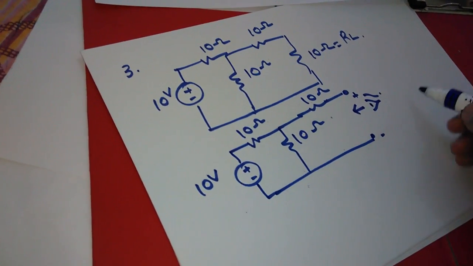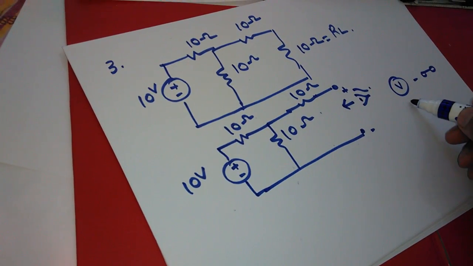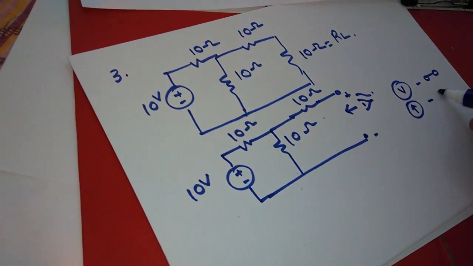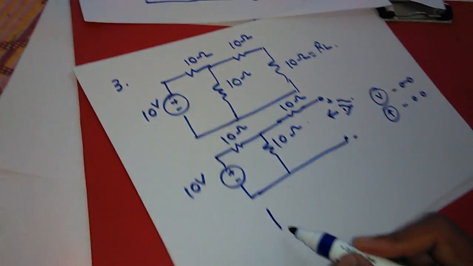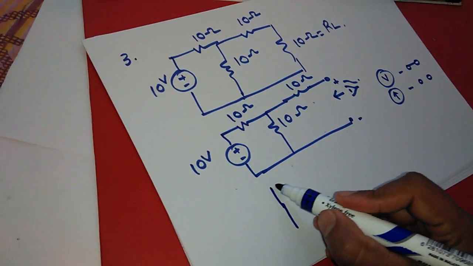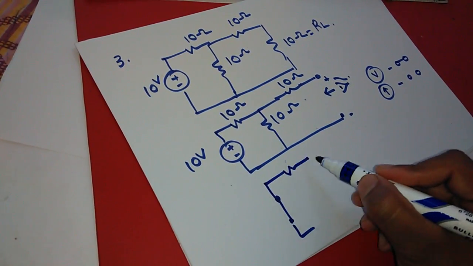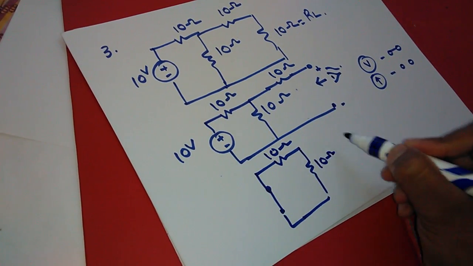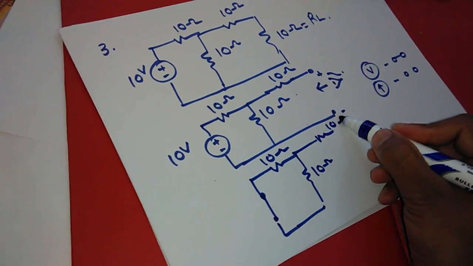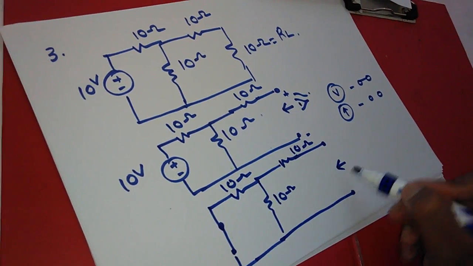If a voltage source is there, it will be short circuit, and if a current source is there, it will be open circuit. So we follow this rule. Now we deactivate the voltage source by short circuit. This is 10 ohm, this is 10 ohm, this is 10 ohm.